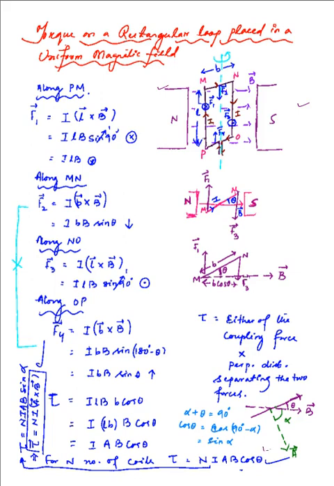As the coil twists while the torque acts, the value of theta changes, and we do not want that because that results in the value of the torque changing every time. Won't really give us a good result.